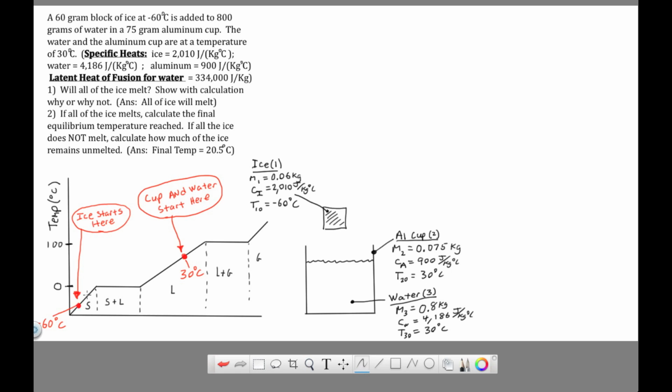Temperature goes up, up, up until you hit the point where the solid begins to melt. And during a phase change, temperature remains constant. So as the ice melts, temperature remains constant at 0. So we have solid plus liquid. Once the last speck of solid has melted, the temperature will continue to rise.